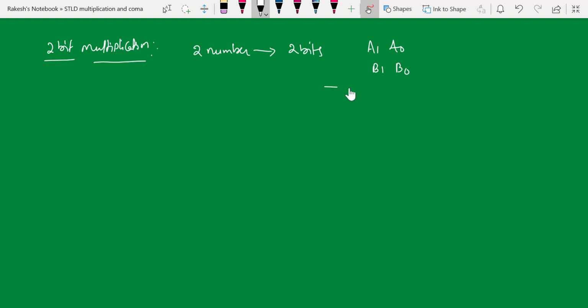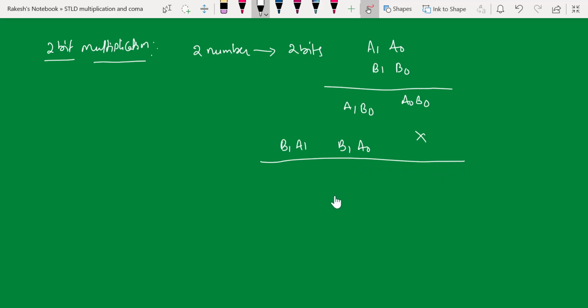In this case, if you perform the multiplication, you are supposed to multiply A0, B0 to get the partial product, then you are going to multiply A1, B0, then B1, A0, then B1, A1. So in this case, you not only need AND gates to get these partial products, but you also need an adder to add these 2 bits. When you add these 2 bits, you are going to generate sum as well as carry. So that means you are going to add one more adder here.